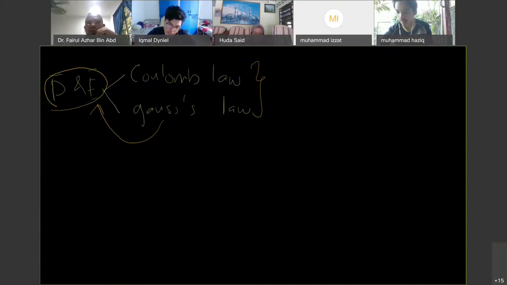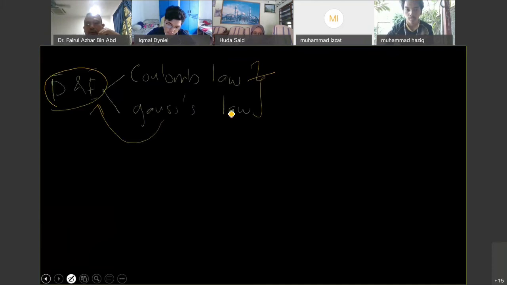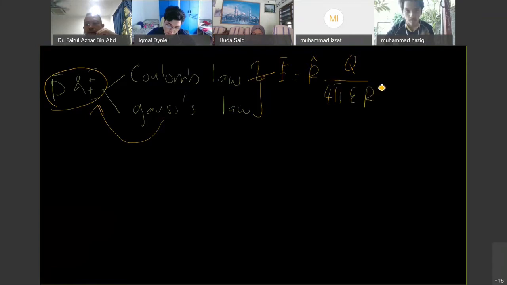Okay, so let's say for example for Coulomb's law, we have a general expression for E is equal to R cap Q divided by 4 pi epsilon R squared.